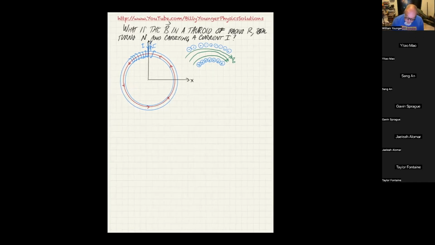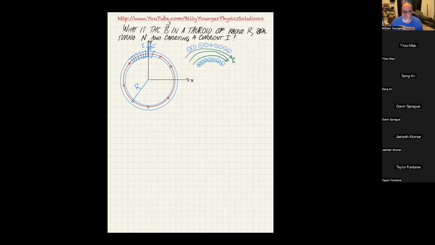And what I mean by that radius R is really that the distance from here to about here is R, and then the distance from that end to the inside coil or the outside coil is infinitesimal. It's so small we don't care about it. In other words, it's got to be at least a factor of 10 smaller.